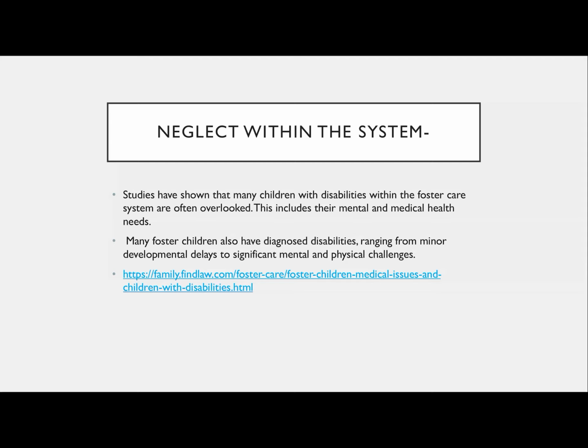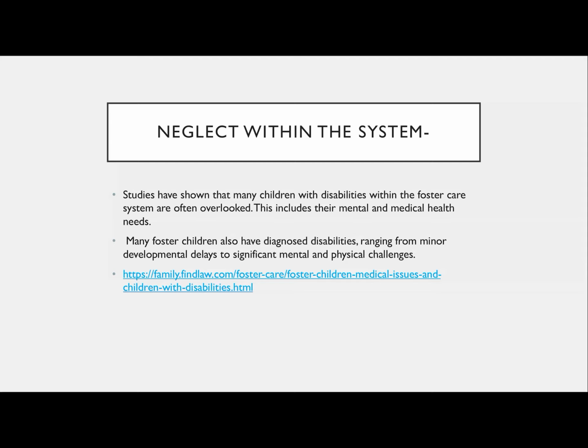Neglect within the system. Studies have shown that many children with disabilities within the foster care system are often overlooked. This includes their mental and medical health needs. Many foster children also have diagnosed disabilities ranging from minor developmental delays to significant mental and physical challenges. So there's no restriction on what disabilities can be seen within the foster care system.